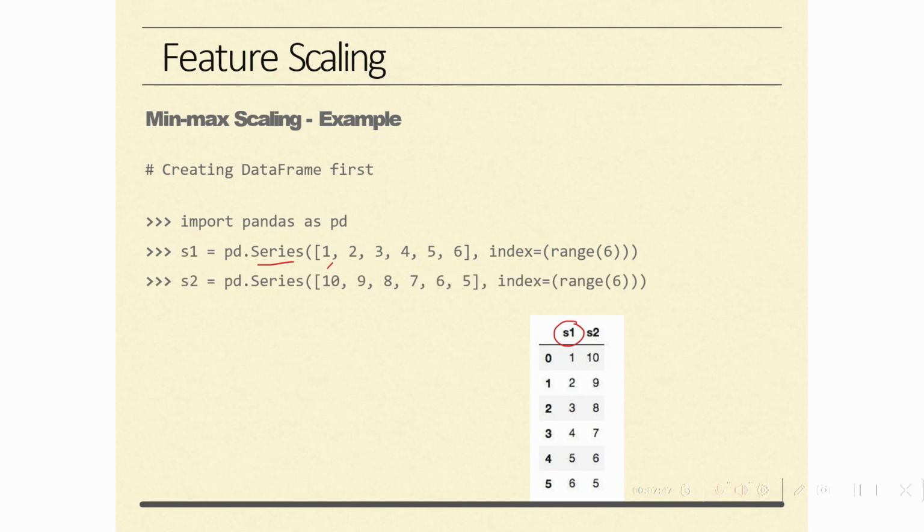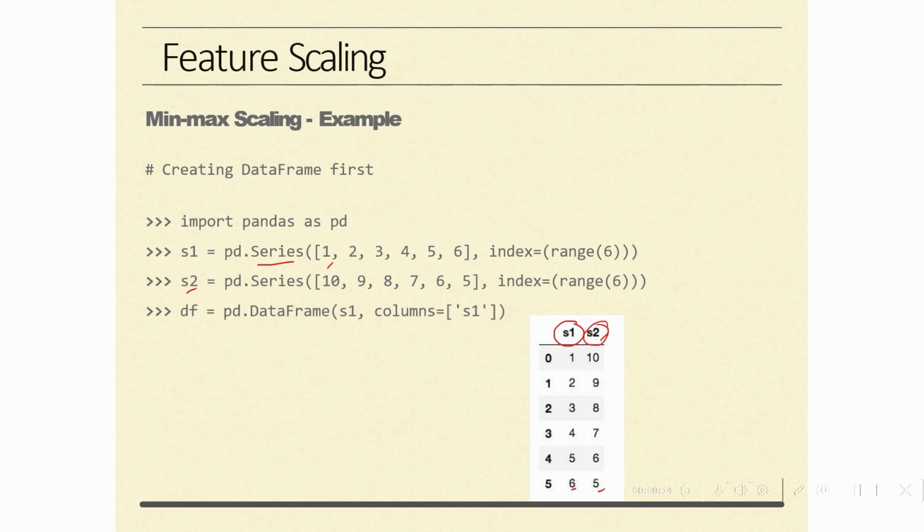Now one more series: S2 equals pd.Series of 10, 9, 8, 7, 6, 5 with index equal to range of 6. S1 starts from 1 to 6 and S2 goes from 10 to 5. This is our example data.